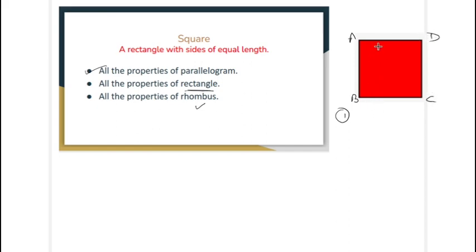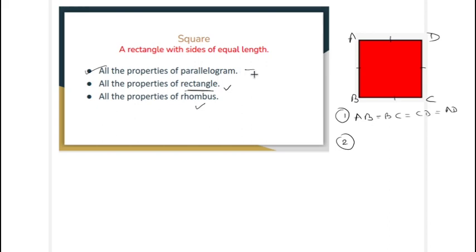opposite sides are equal in a parallelogram, opposite sides are equal in a rectangle, and here also opposite sides are equal as well as all the sides are equal in a square. So what we will write? AB equals BC equals CD equals AD. In a square all the sides are equal. Now number 2. Number 2 was about angles.